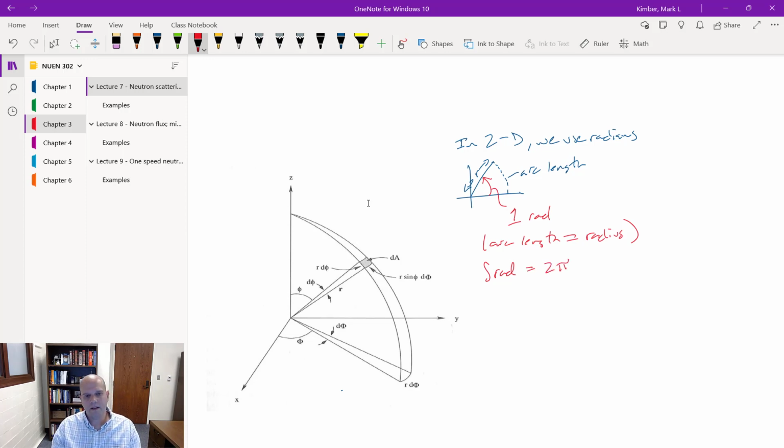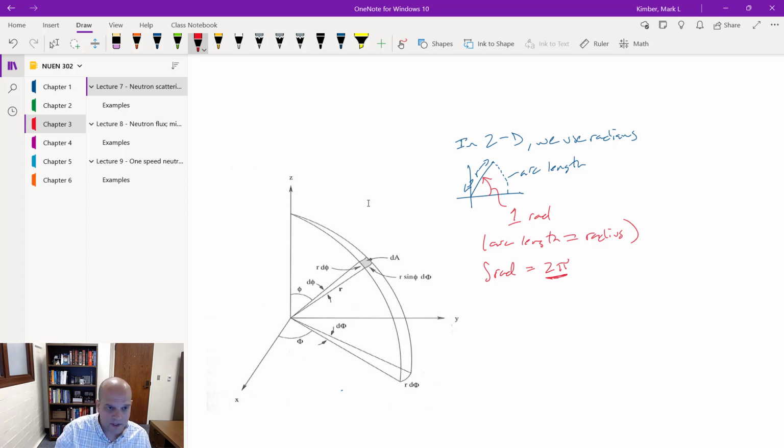If I considered all possible domain values for that angle, then that arc length becomes the circumference of the circle. And it's not surprising that the circumference of a circle is 2 pi times r. So with that as a backdrop, let's go to 3-dimensional space now.